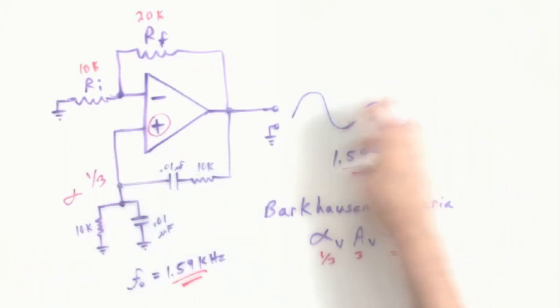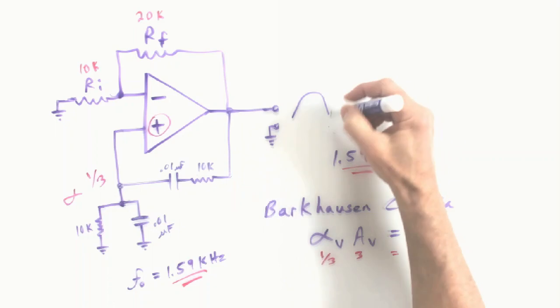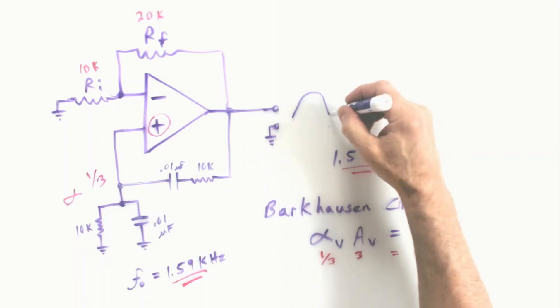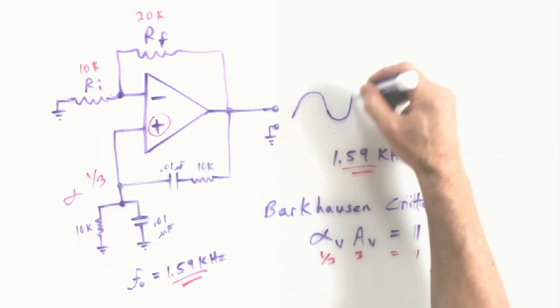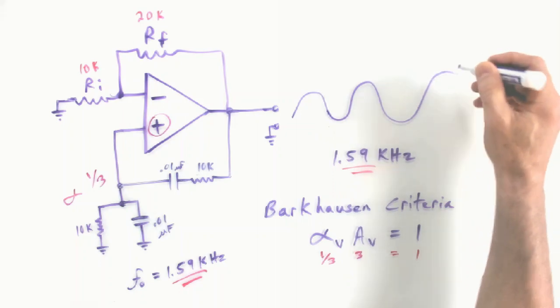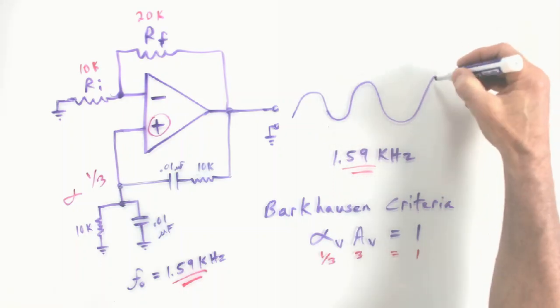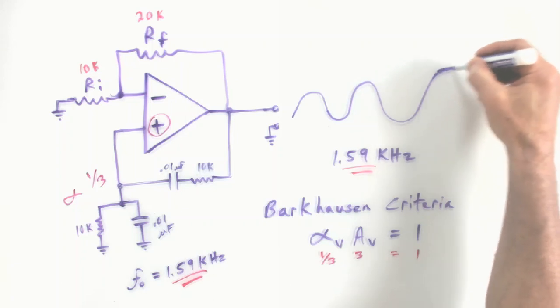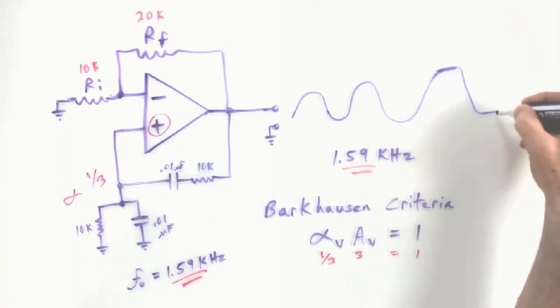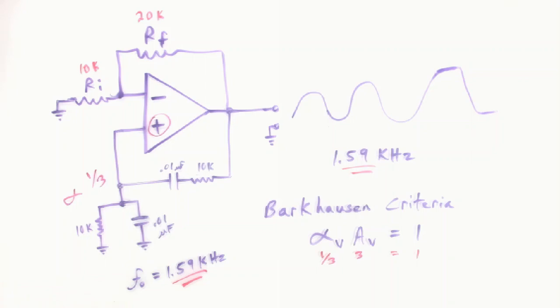So too much gain, you'll definitely get the oscillation going, and in fact, it's going to keep growing until you hit clipping. Actually, you'll hit the limits of the rail voltages, and you'll start getting distortion, and it won't be like a sine wave. It'll start getting flat spots, turn into a square wave. So that's what can happen if your gain is too high.